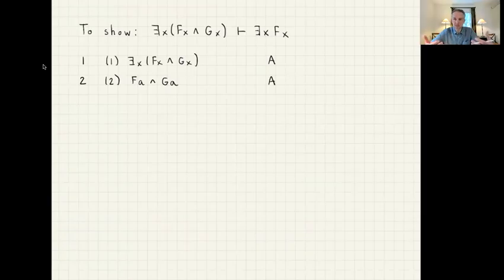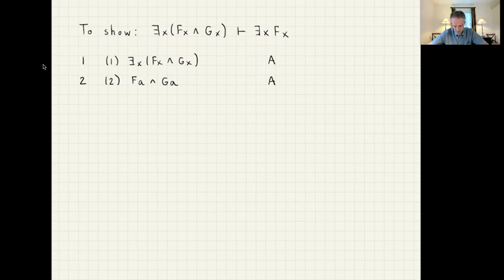So if I say there is something that's F and G, if you and I agree there is something that's F and G, the next move I could make is let's make up a name A for one of those things that is F and G. We don't know which one, but we agreed there is something that's F and G, so let that thing be called A. So in truth, the assumption on line 2 just says A is F and A is G, but in the background, the idea is let A be the thing that is assumed to exist that is F and G. Let it be one of those things.